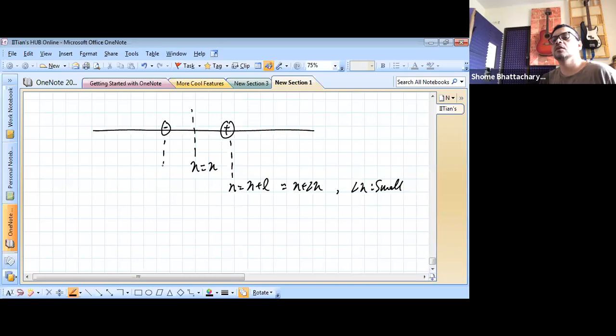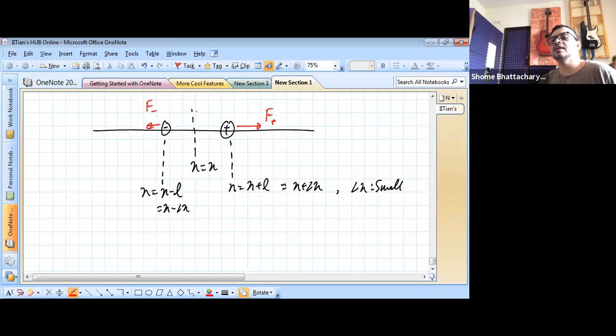And this is at x equal to x minus L, or x minus delta x. So the force that this charge experiences and the force that the other charge experiences will not be the same.